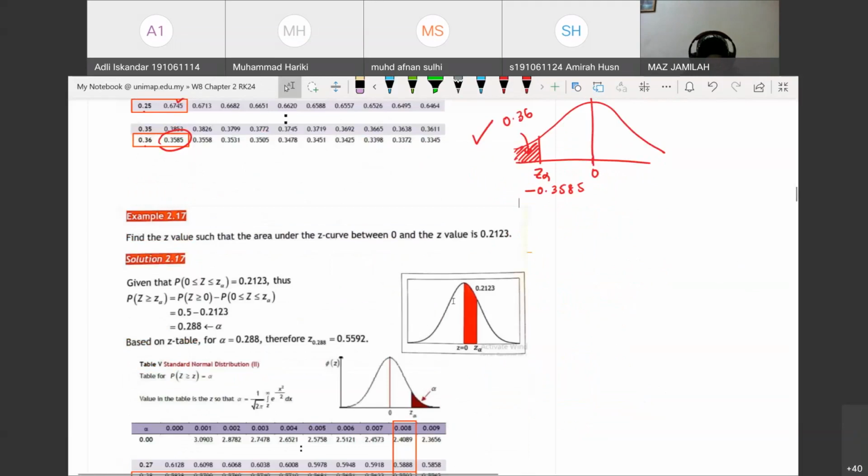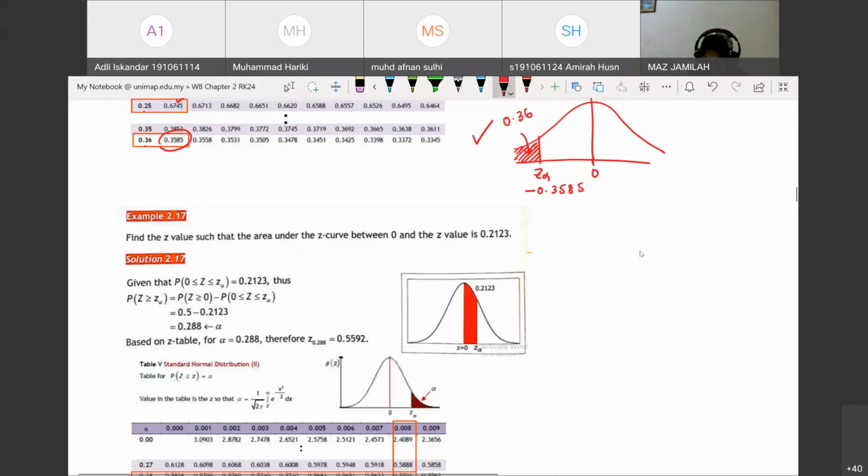Sometimes there will be times where it seems like you will have to use your first table of standard normal. But if you look carefully, it will be referring to the second concept. For example, find the Z value such that the area under the curve between 0 and Z is 0.2123.